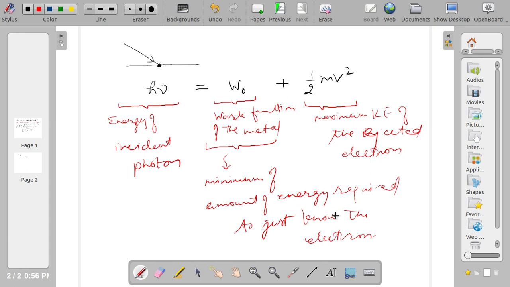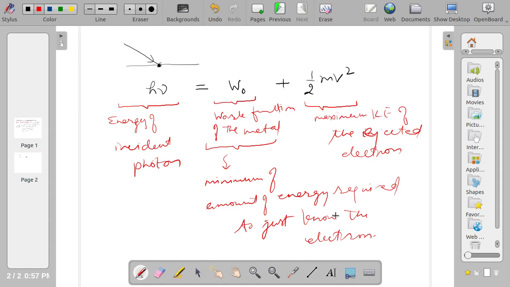So the first advantage of this theory is that Einstein assumed this incoming photon directly interacts with the electron, and if its energy is large enough, then it will knock out the electron instantaneously.